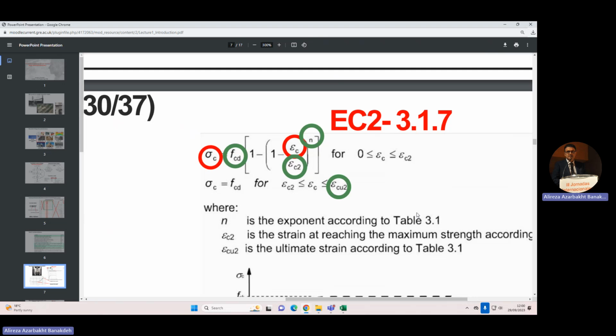From 0 to 2%, you can take any of the numbers. Is the epsilon c a percentage? Yes. I got 0.597.